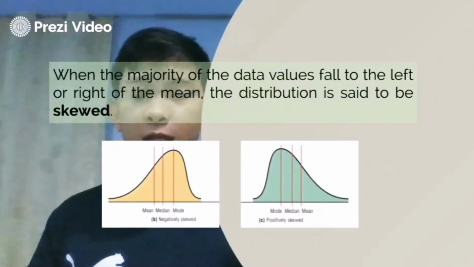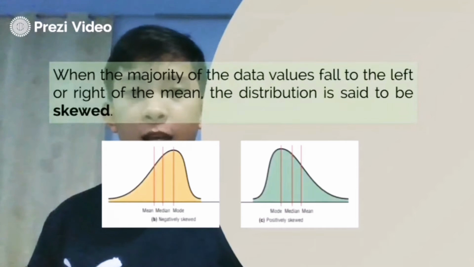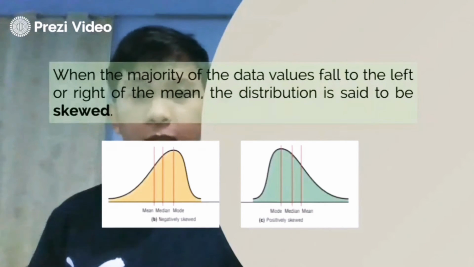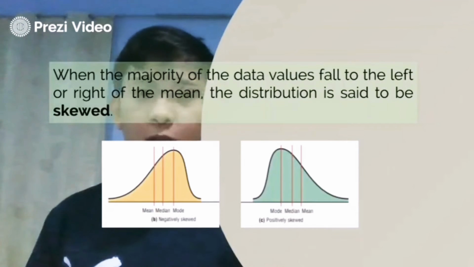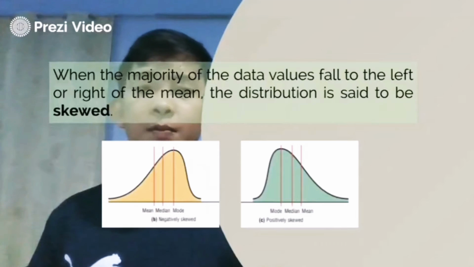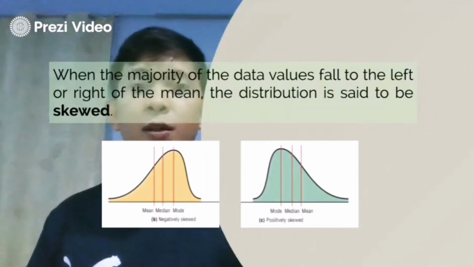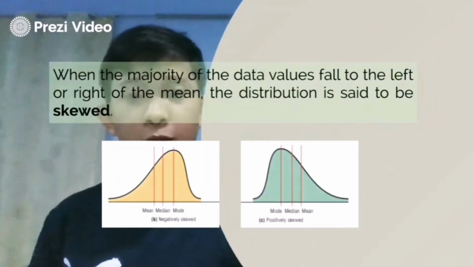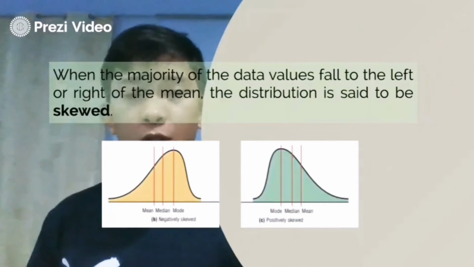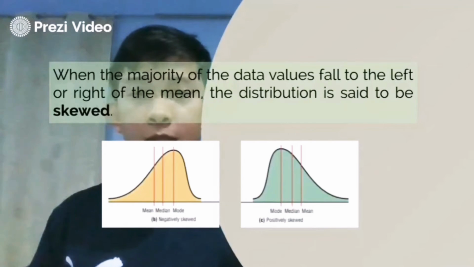A distribution is left skewed if it has a tail on the left side of the distribution, while a distribution is right skewed if it has a tail on the right side. In a left skewed distribution, the mean is less than the median, which is also less than the mode. However, in a right skewed distribution, the mode is less than the median, which is also less than the mean.